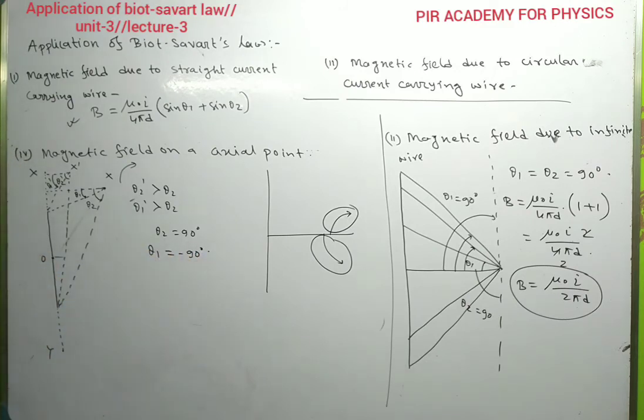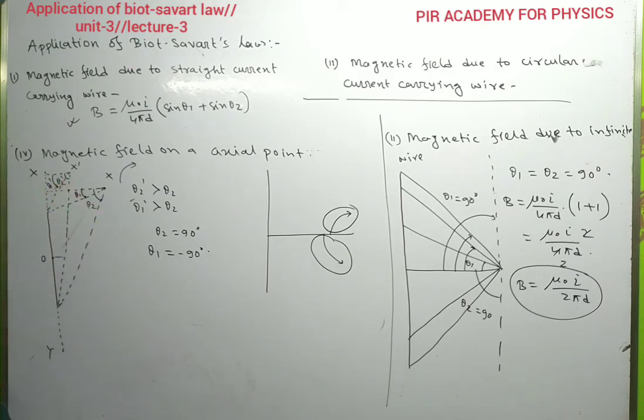So here is how to calculate the magnetic field on an axial point using this formula. If the point is here, then there is angle theta 2 and here is theta 1, and theta 1 is in the opposite direction. Now if this point is near this axial point, suppose this is x dash, then theta 2 dash will increase compared to theta 2, and theta 1 dash is increased compared to theta 1.